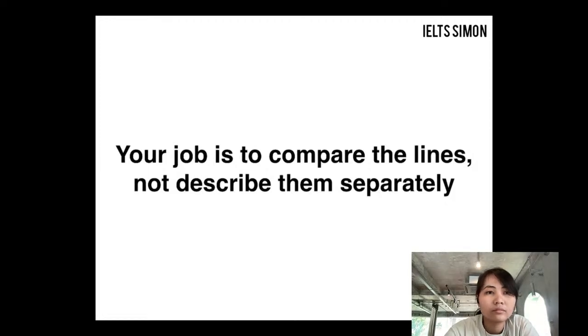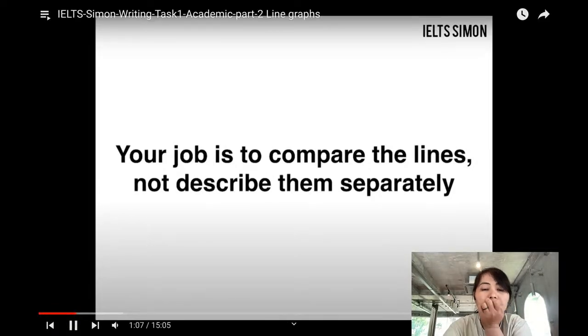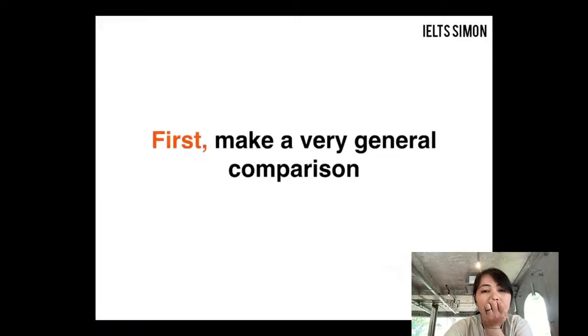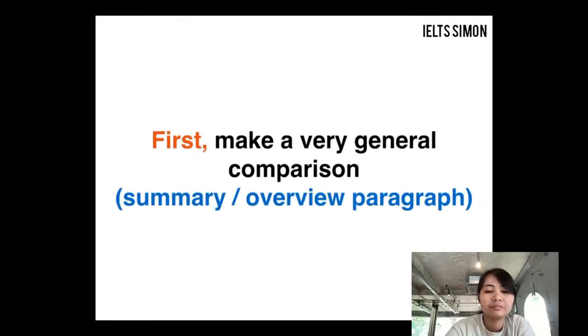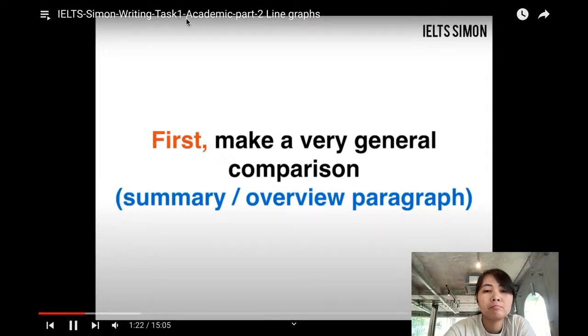And there's 2 types of comparison that you need to make. First, make a very general comparison of the lines on the graph, the information. This is for your summary or overview paragraph. I do this after the introduction as paragraph 2, but you could put the summary at the end.